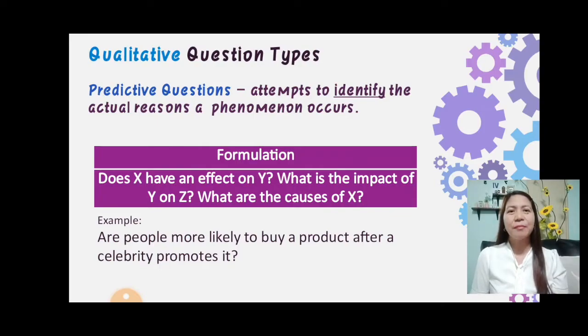So the formulation, does X have an effect on Y? What is the impact of Y and Z? What are the causes of X? Example, are people more likely to buy a product after a celebrity promotes it? So you can use predictive questions.